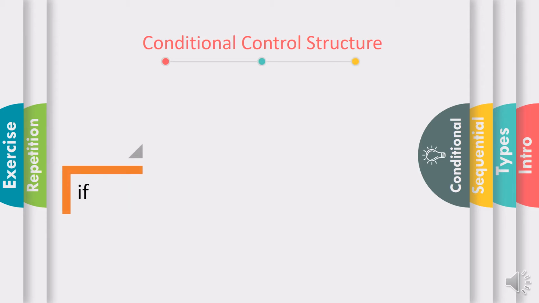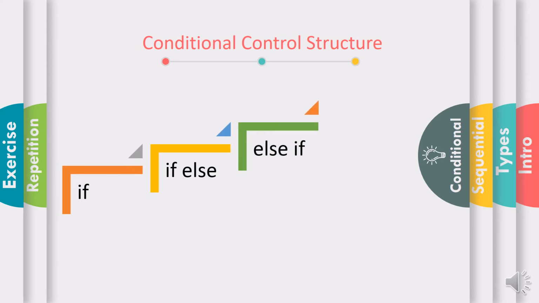We will implement conditional control structures with the help of if statement, if else statement, else if statement, and switch statement. In our previous lecture, we have already discussed if statement, if else statement, and else if statement.